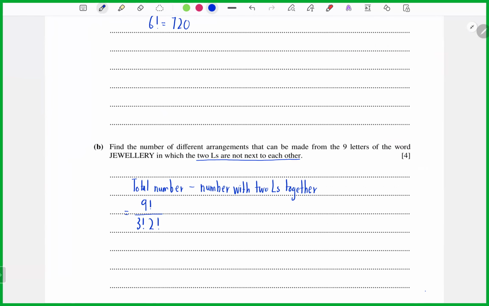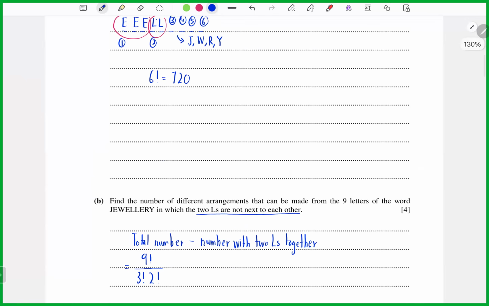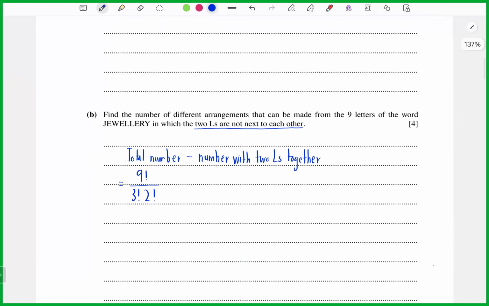Why 3 factorial and 2 factorial? Because we have 3 E's and 2 L's here. And then we can minus the case where the L's are together. Okay, let's think about it, L together.